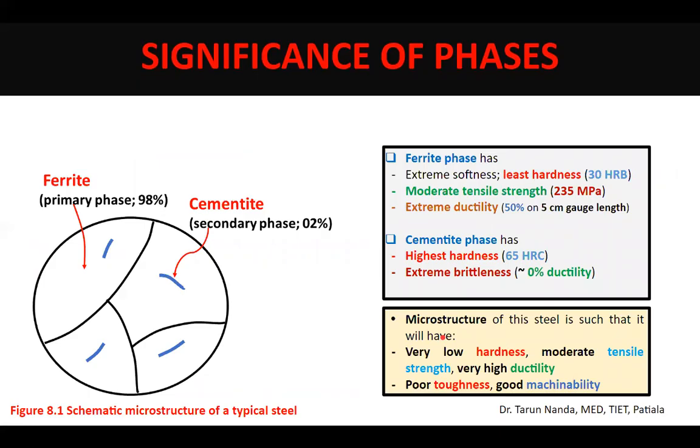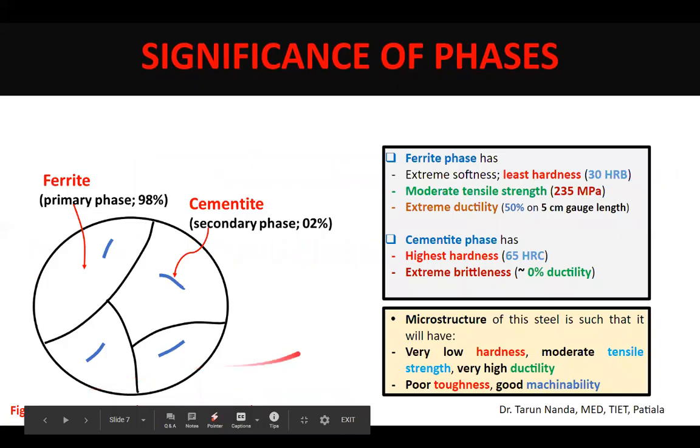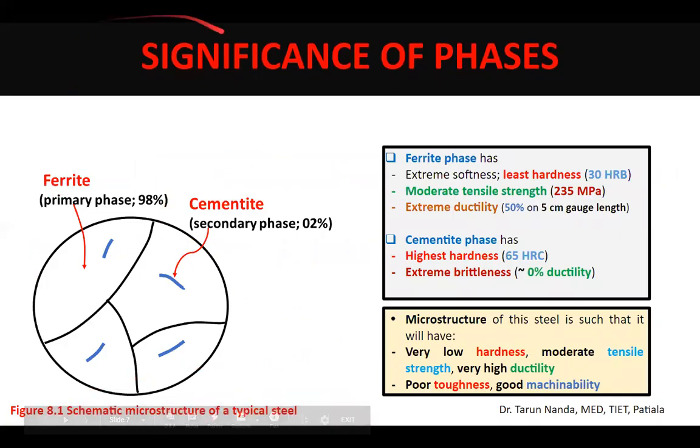Now, students, let's explain all this with the help of an example. I have taken a plain carbon steel sample, and that plain carbon steel sample most generally will have these two phases in the microstructure of a material. One of the phases is ferrite, the other phase is cementite.